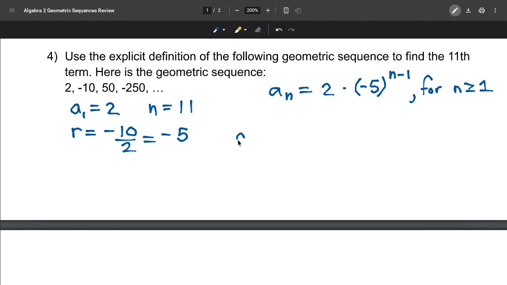All right, so the 11th term, a sub 11, is going to equal 2 times negative 5 to the 11 minus 1 power.